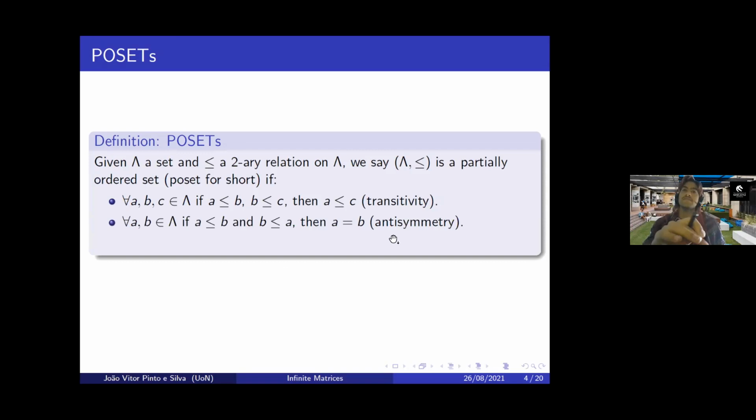For all a and b, if a is less or equal to b and b is less or equal to a, then a must be equal to b. And for all a, we have that a is less or equal to a.